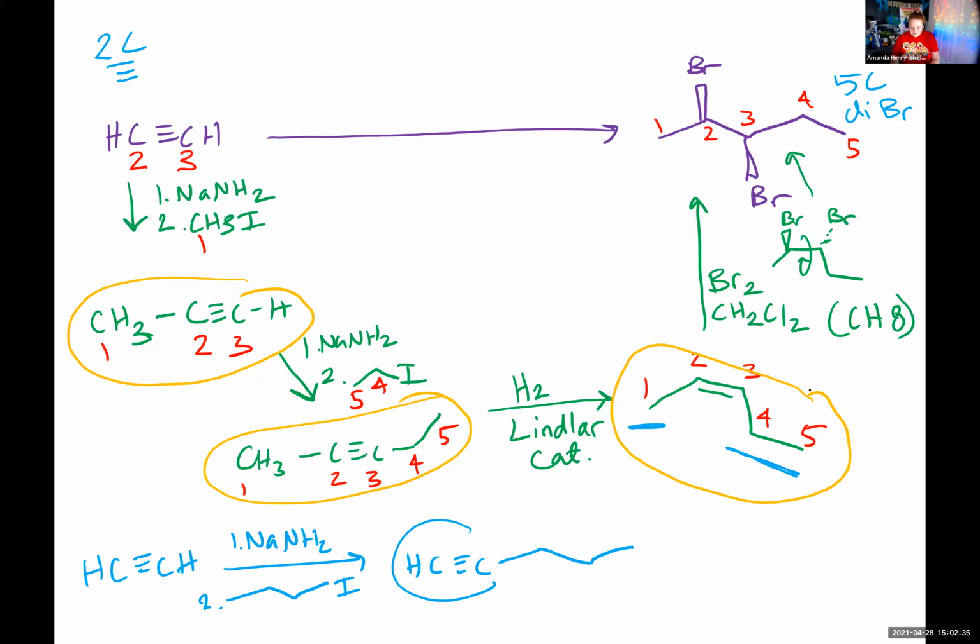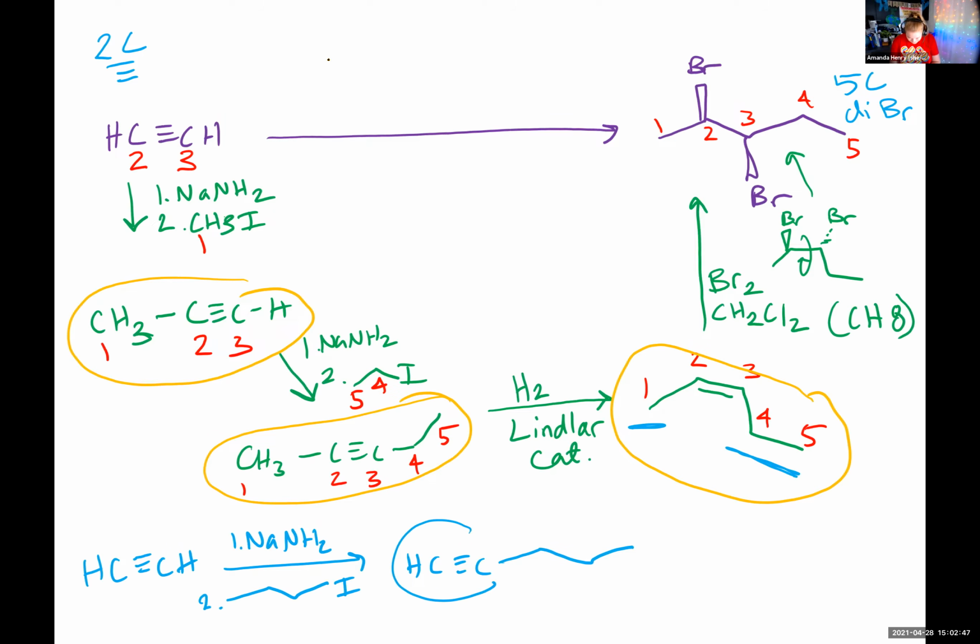Another way to write out your answer is to put all of those reagents on that top arrow together. We could say step 1, NaNH2, step 2, CH3I, step 3, NaNH2, step 4, ethyl iodide, step 5, hydrogen with Lindlar, and step 6, bromine and some solvent.